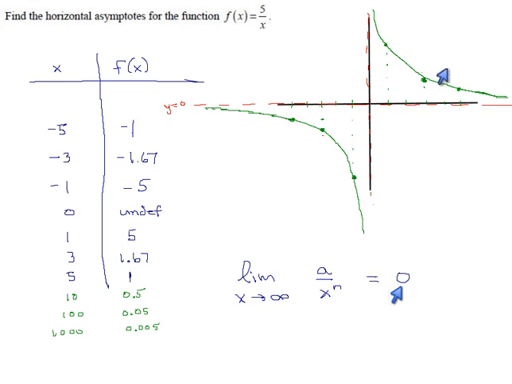The function will shrink away to nothing. There are a few other ways this can behave if you have x's over other x's so that they're kind of fighting, but no number can keep up with a power of x that can just grow infinitely large. So whenever that happens, your limit will be 0, and you'll have a horizontal asymptote at 0.